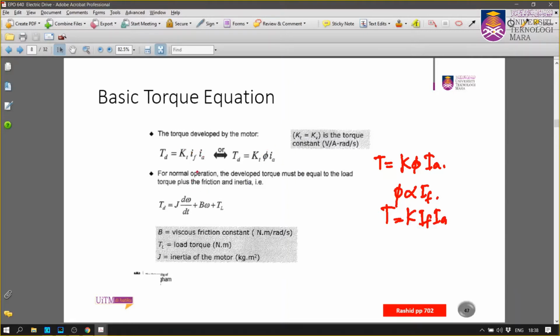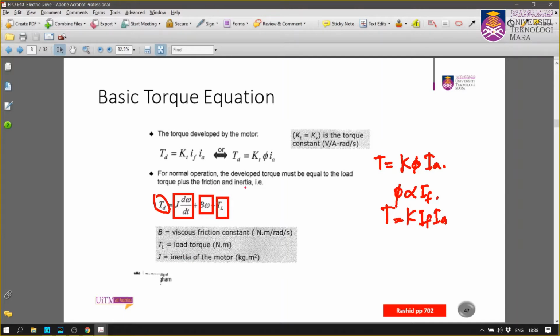Okay, for normal operation, the developed torque must be equal to the load torque. So we have this: the developed torque TD equals J, the moment of inertia of the motor, multiplied by d omega over dt, then you have B omega, and finally the load torque.